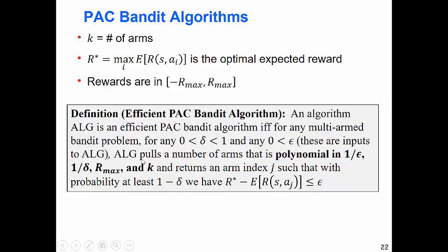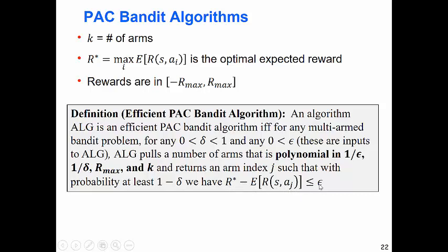And the algorithm then has to pull a number of arms. So it's going to do some arm pulling. And we want that to be polynomial, this is the efficient part, in 1 over epsilon, 1 over delta, R max, and K, and then return an index such that with at least probability 1 minus delta, the reward of the index is close to the optimal.